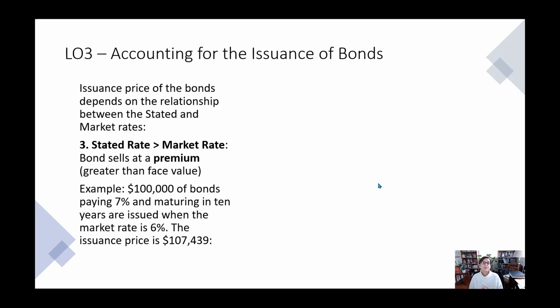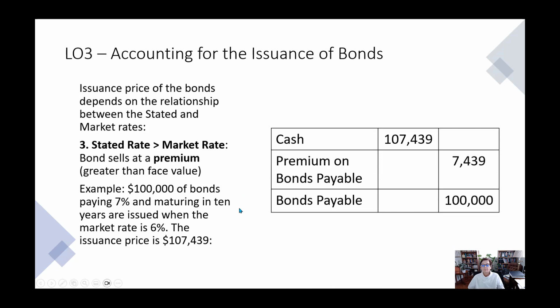So basically, the company is going to get more money because remember, the bondholders are always going to earn the market rate. All right? They're always going to earn the market rate. The problem is this is fixed. So if the stated rate is greater than the market rate, the bonds are going to sell at a premium.